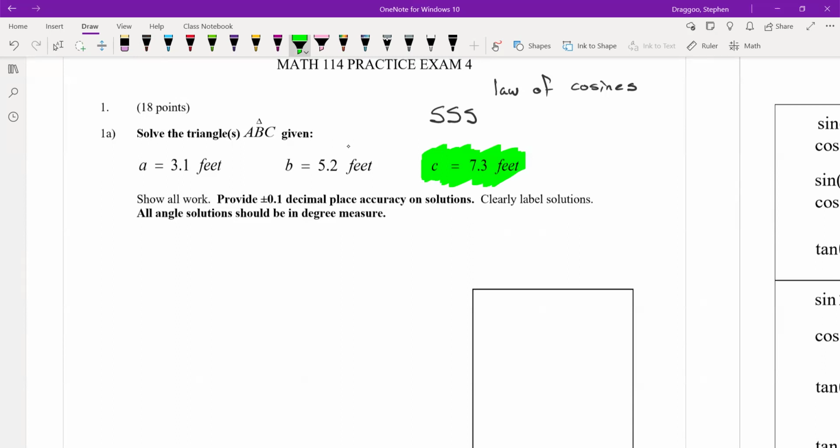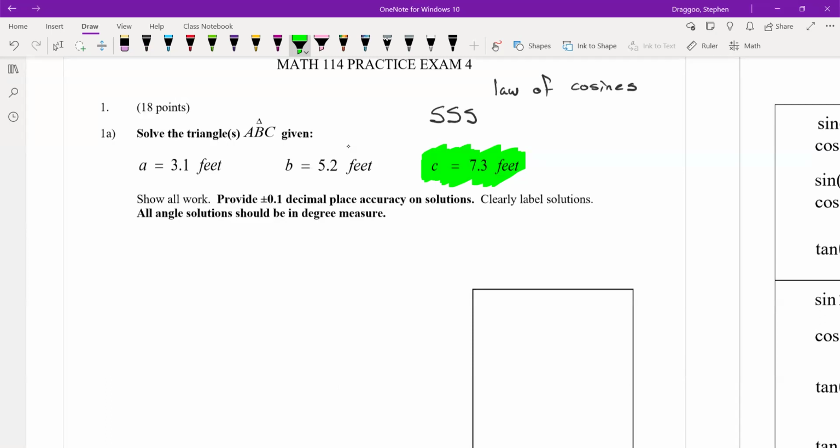But the reason I want to solve for that first is because if I do have an obtuse angle, cosine inverse is capable of finding that angle. Unlike law of sines, or sine inverse, which cannot find obtuse angles, but cosine inverse can.